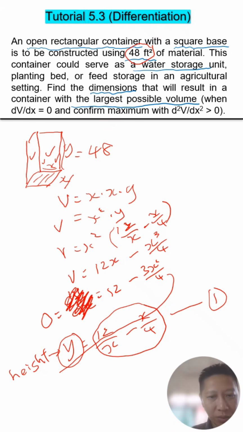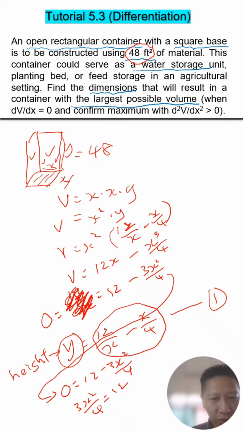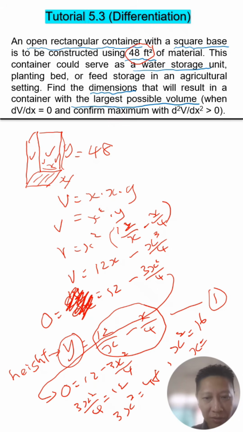So 0 equals 12 minus 3x squared divided by 4. So 3x squared divided by 4 equals 12. 3x squared equals 48. x squared is 16. So x will be plus or minus 4, but we cannot have a negative, so we'll take x equals 4 feet.